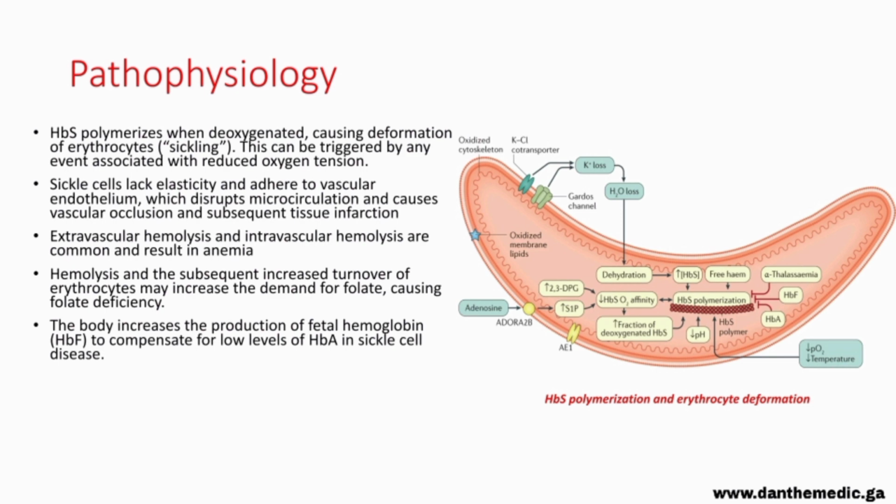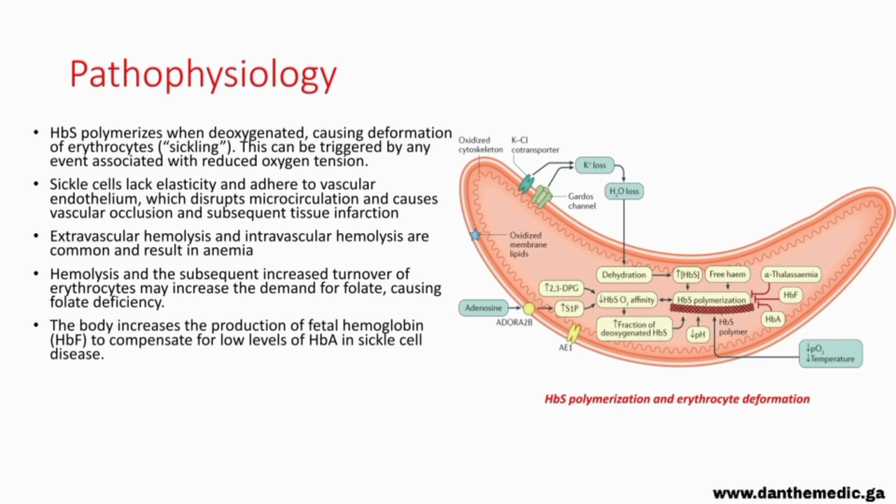When someone climbs to high altitudes, we know that there is decreased oxygen saturation in that area, so it can trigger sickling. One thing to point out is that in homozygotes, even just a little decrease in the oxygen amount in an environment can trigger a sickling event. But in heterozygotes, it takes a severe reduction of oxygen for them to develop a sickling event.